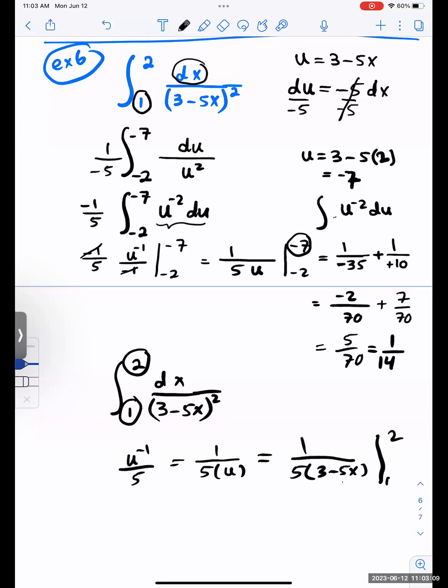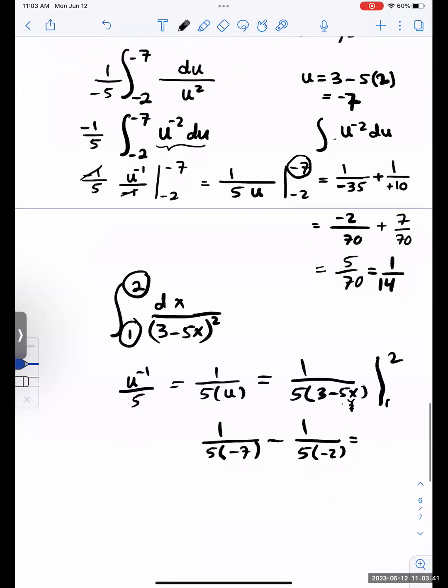So then in that case, I would have had 1 over 5 times 3 minus 5x, replacing 2, 3 minus, if this was 2 here, -10, -7, minus 1 over 5 times -2, 1 over -35 plus 1 over 10, exactly what we had here.